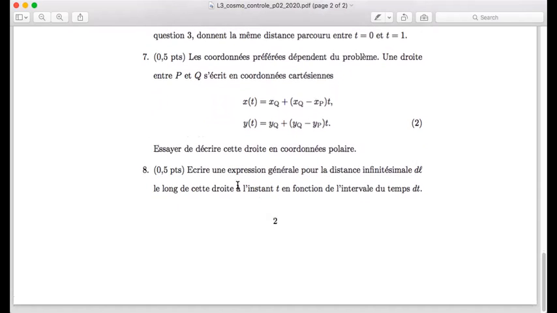But I'm just asking you to write the general expression. I'm not asking you to do any integrals. Don't evaluate the integral. Your general expression, I can tell you, will involve an integral, but you don't have to evaluate it. So don't get frustrated trying to do a complicated integral, but it's enough to write down the expression for the integral.